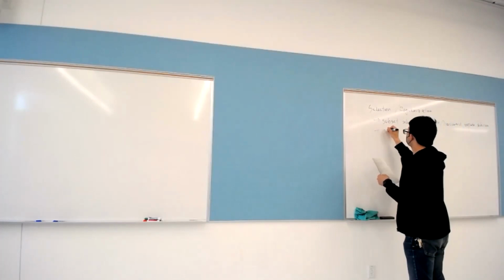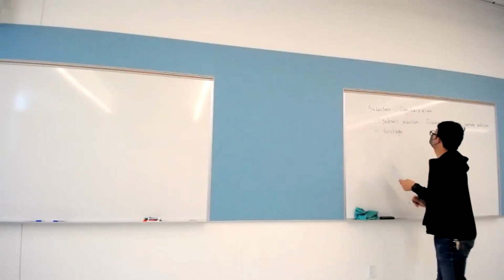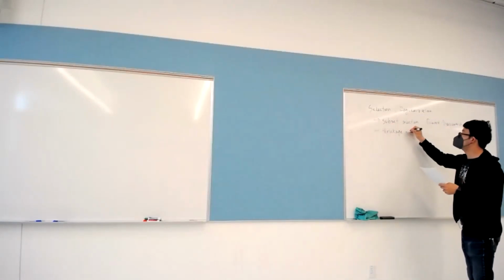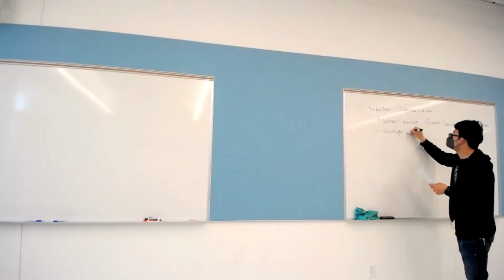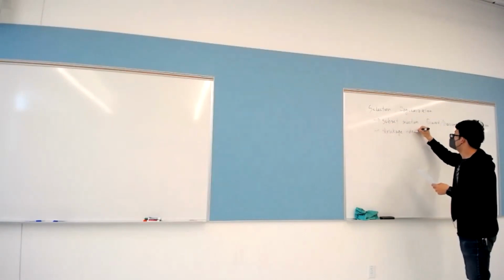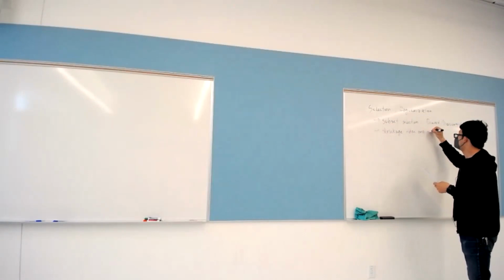And then we also talked about shrinkage methods or regularization methods. So this is ridge and lasso.